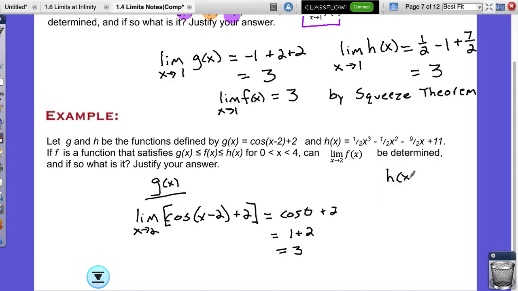All right, if I look at h of x, the limit of this ugly thing: one half x to the third minus 1/2 x squared minus 9/2 x plus 11.